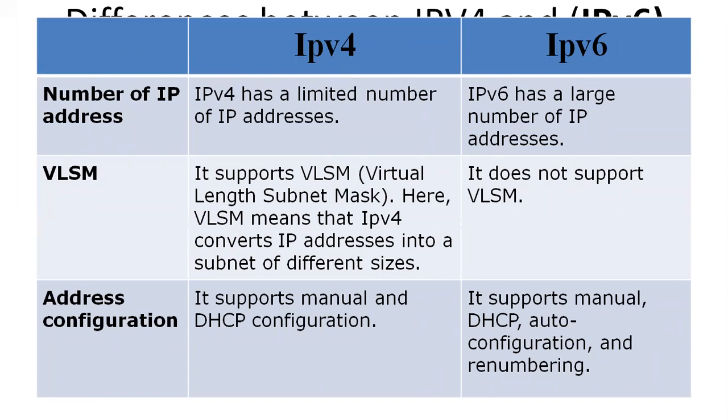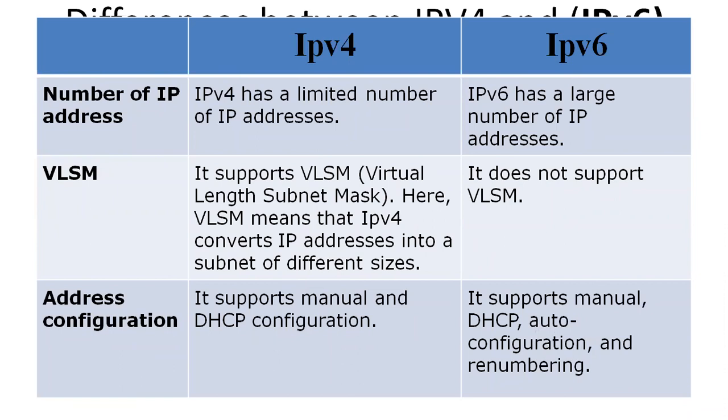Variable length subnet mask support: IP version 4 supports VLSM, while IP version 6 does not support VLSM. Address configuration: manual and dynamic host configuration protocol are used to configure the addresses in IP version 4. IP version 6 also supports manual, DHCP, auto configuration, and renumbering.